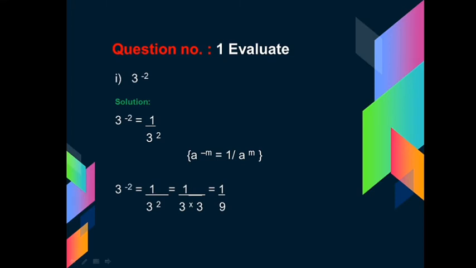Then the second question: minus 4 raised to the power minus 2. Here we have to evaluate it, and the solution is minus 4 raised to the power minus 2 equals 1 upon minus 4 raised to the power 2.